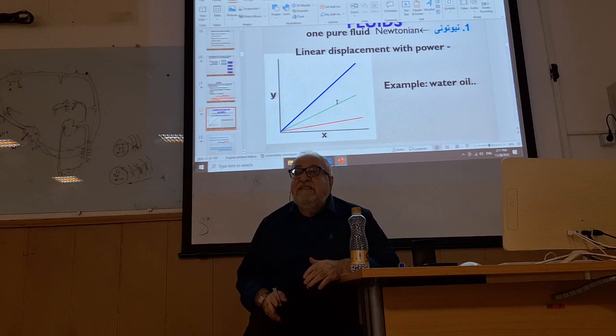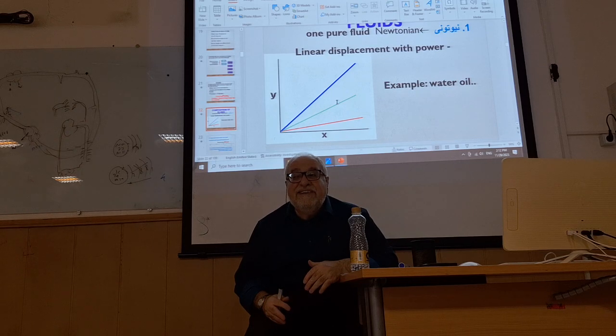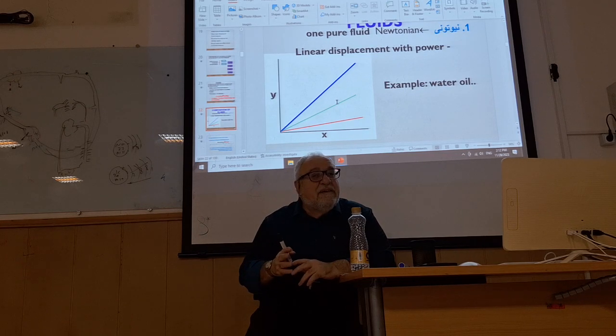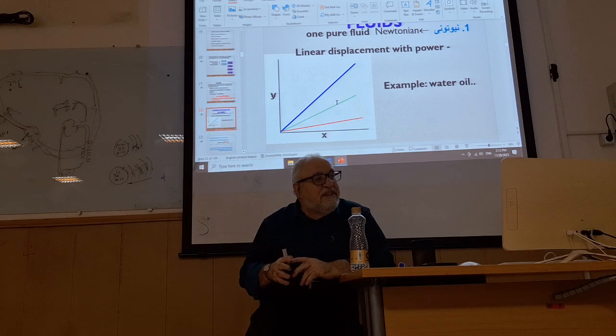The blood is a non-Newtonian system because it has water, red blood cells, white blood cells, plasma proteins, ions, everything. Platelets, different kinds of neutrophil, monocyte, eosinophil, lymphocyte.